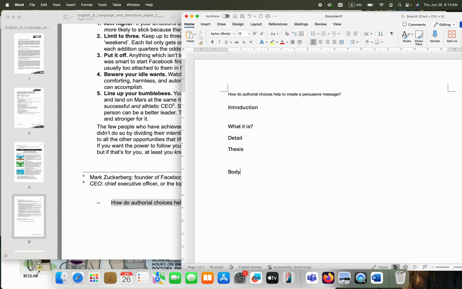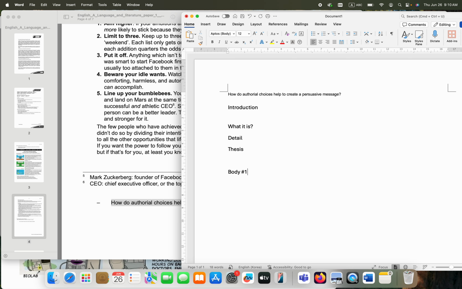So body 1. For this specific text, what I chose to talk about is metaphors and analogy for the first body paragraph. And then you typically want to give 2 to 3 examples, and no more, no less. So usually 3 is enough.